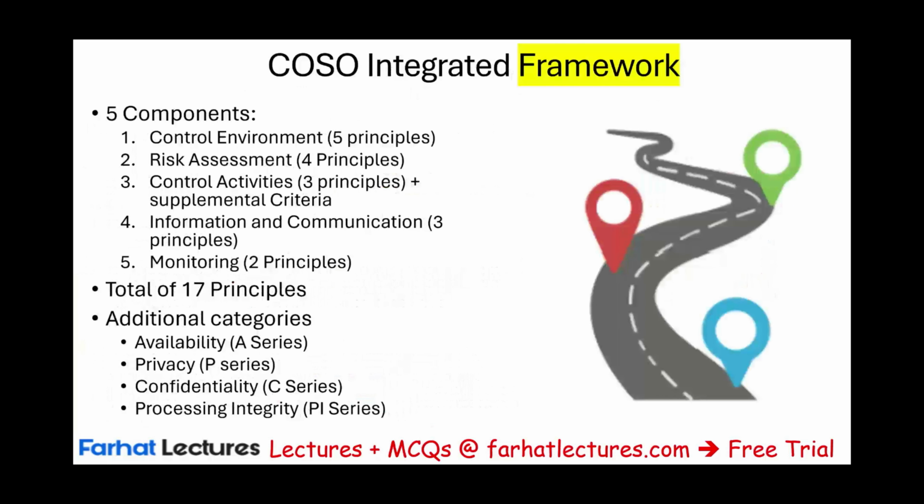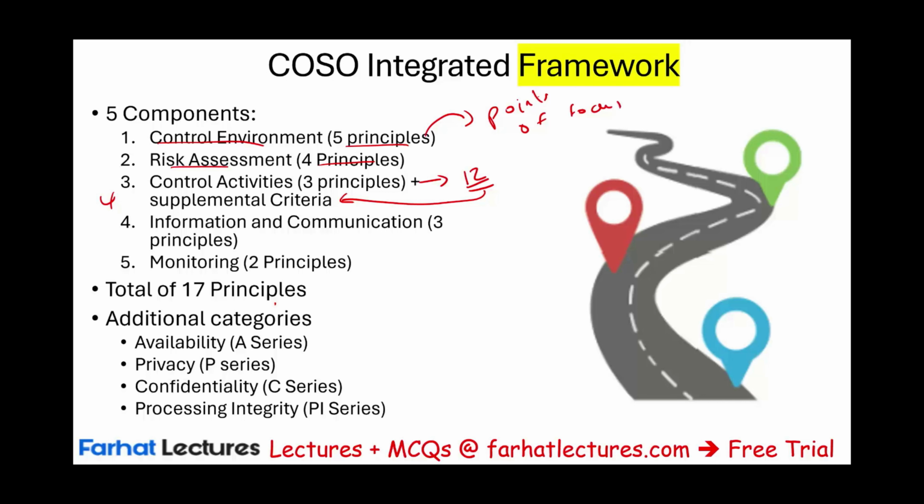To look at the big picture again, what we did here, we looked at the 5 components. Control environment had 5 principles, risk assessment 4 principles. Then I told you when we get to control activities, you remember principle number 12, we added, I believe, 4 supplemental criteria. Then remember, within these principles, we have what we called points of focus.